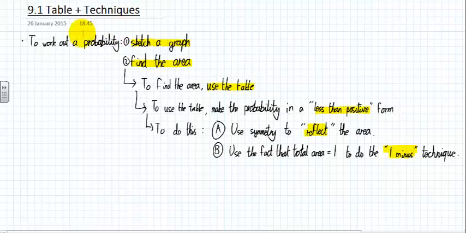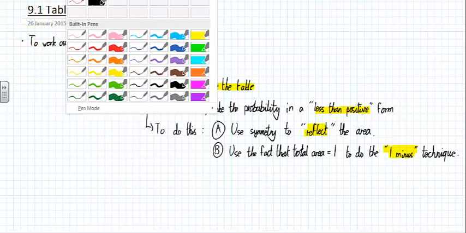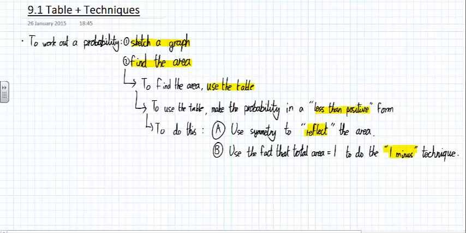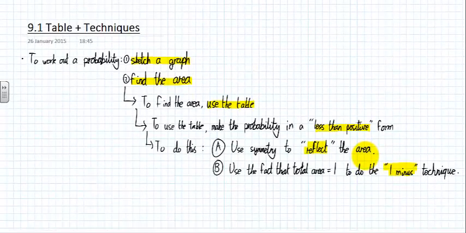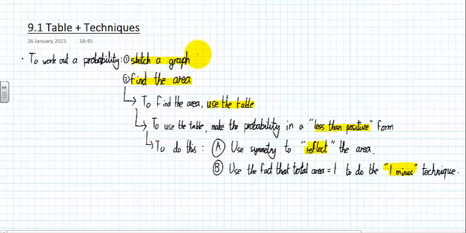Now, this is Mr. Chan's secret method to work out the answer to all the chapter 9 questions. To work out the probability, you must first sketch a graph and then find the area of the graph. To find the area, you must use the table.